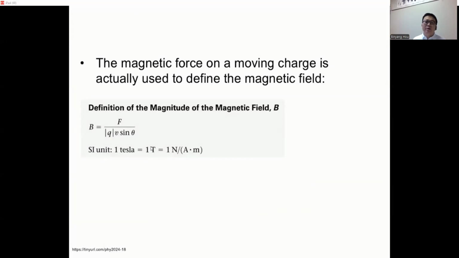We use the symbol T as the abbreviation. It's equivalent to Newtons divided by amps times meters. Newtons comes here, and amps times meters from these two combined. So this is Coulomb times meters over second, and Coulombs over second will be amps.